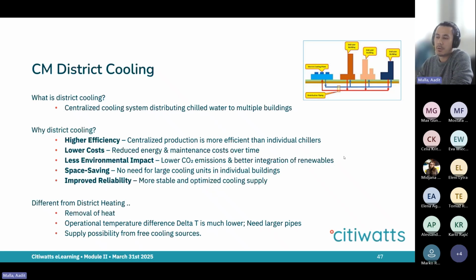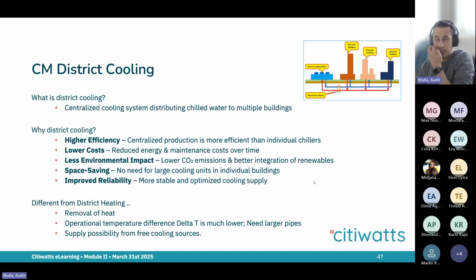And also, we have the possibility of supplying from free cooling sources, which include mostly seawater, or also rivers or lakes, or any other water bodies, for instance, that could provide cooling as a free source.